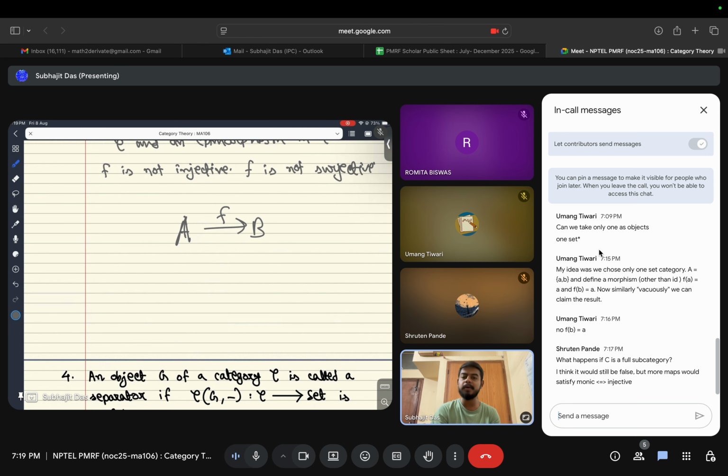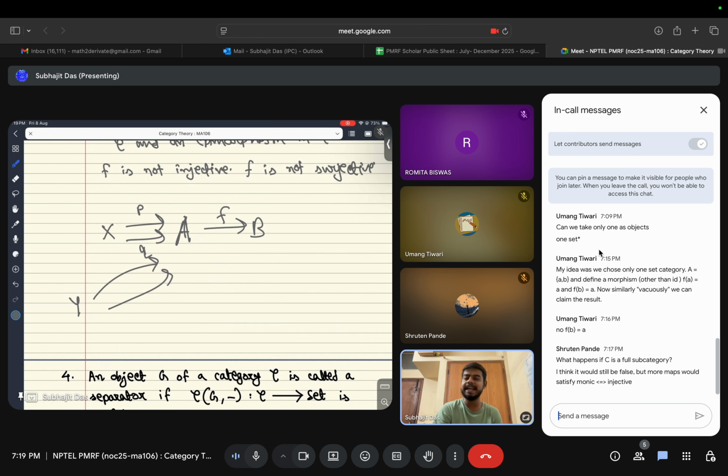Because if F is a monomorphism in the subcategory, this means that for every object in the subcategory with arbitrary arrows P, Q, F composed with P equals F composed with Q implies P equals Q. To check that F is also a monomorphism in the larger category, you need to consider all objects Y in the larger category together with arrows such that whenever the composites are equal, the two arrows should be equal.